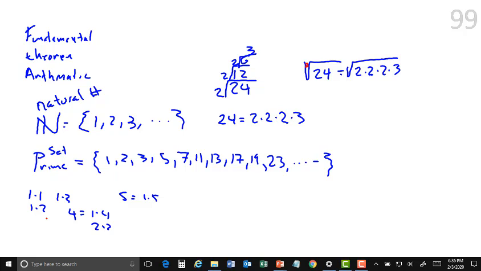From there up, we do put it. So this is telling me to look for groups of 2 and pull them out. When you pull them out, they become 1. So here's a group of 2. You see it? I bring it out, so it becomes just one 2. And what's left inside is 2 times 3. So the simplification of the square root of 24 would be 2 times the square root of 6.